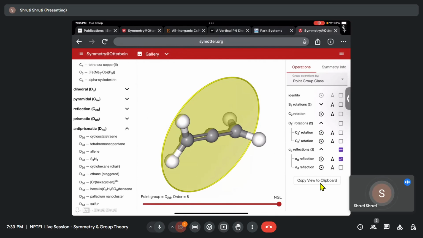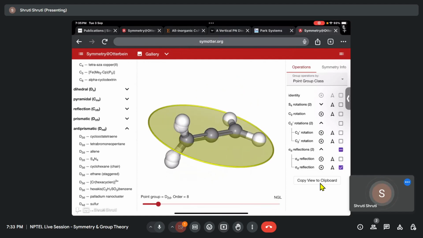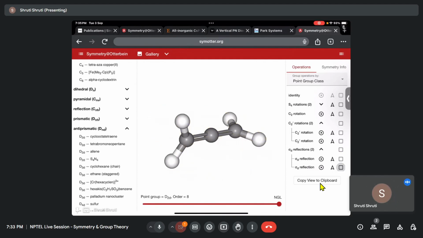One plane containing 4 atoms, and the remaining 2 will get exchanged. Similarly, the other one will be like this, where these front 2 lobes will get exchanged. So this is D2d.